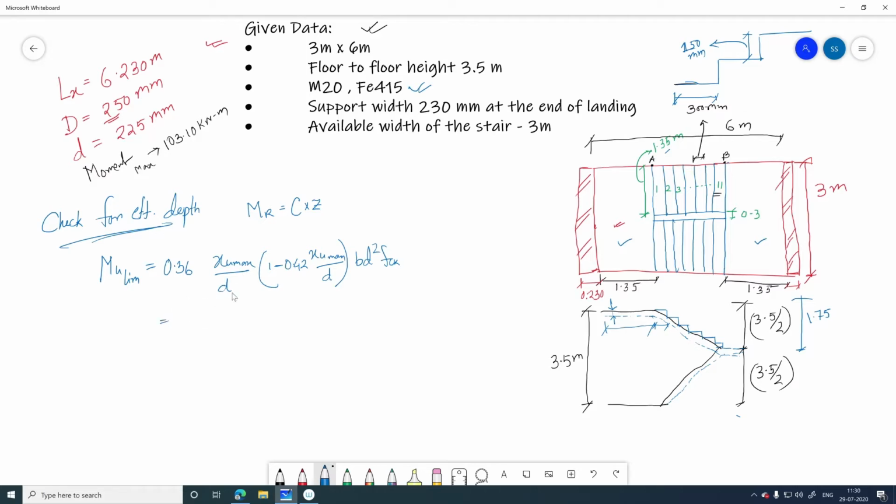Now xu max by D for Fe 415, the value of xu max by D is 0.48. So this 0.48, from where it came, I will show you in the code.